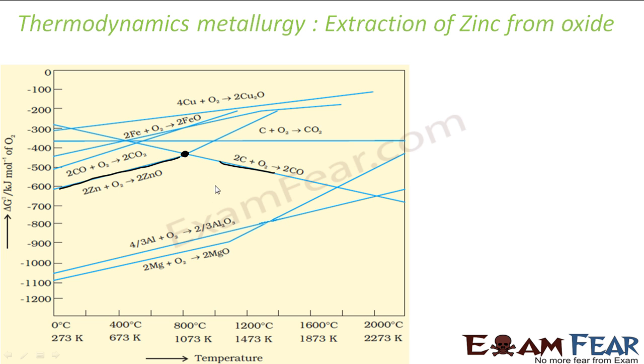That means at any temperature beyond this point, that is beyond 800 degrees Celsius, carbon will be able to reduce zinc oxide to zinc. So zinc oxide with carbon will form zinc and carbon monoxide, and the temperature will be almost 800 Kelvin, sorry, 800 degrees Celsius.